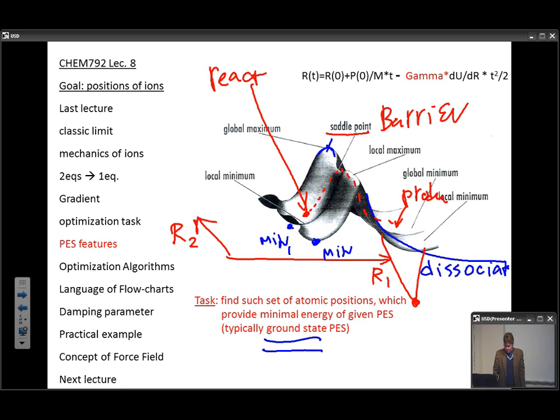No. It is the lowest one. Global lowest one. And you know, in organic chemistry, in amorphous materials, in really big molecules, there are several positions which provide local minima.